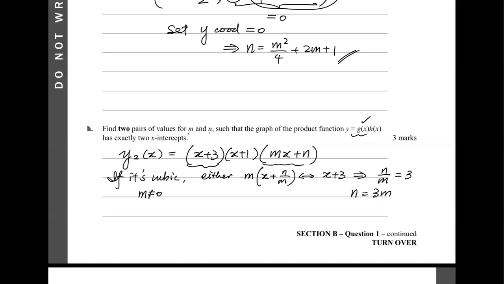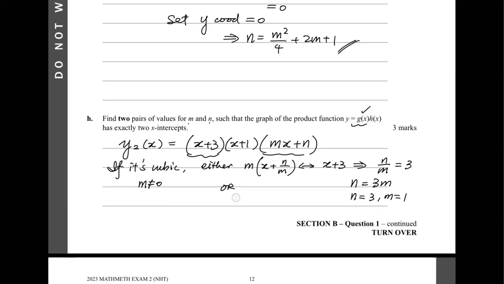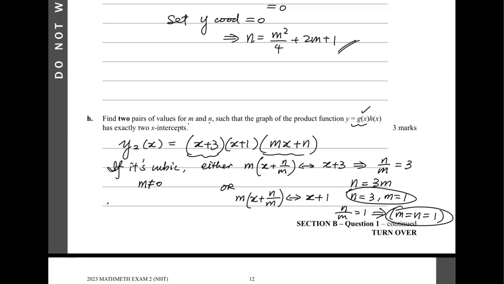So one possible pair is, let's say, n equals 3, m equals 1, okay? Or, let's say, m times (x plus n over m) matches x plus 1. So n over m equals 1. m equals n equals 1. So that's the second pair.